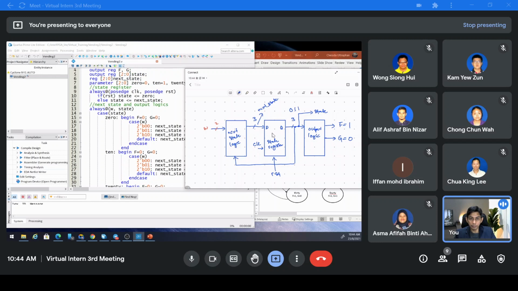The output logic will depend on the state. The output for this logic block is this one. The next state is the output for this, and the input for this is this, from here also the state, and also the input from the outside, the coin.